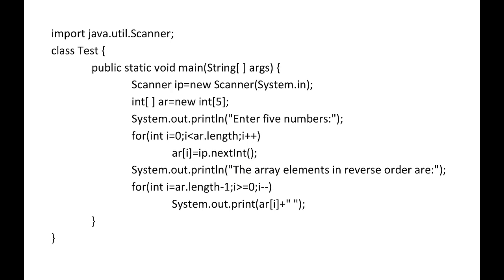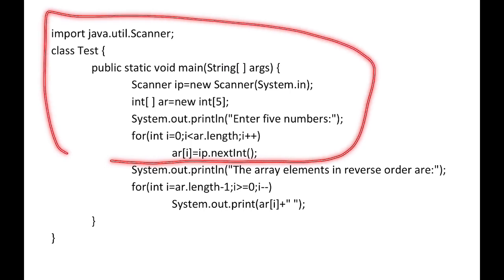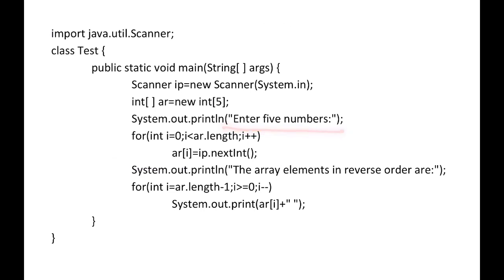Up to this point it was the same as the previous program. So enter 5 numbers. We are using a loop to receive 5 numbers from the user and store them in the array. So up to this it was the same as the previous example.